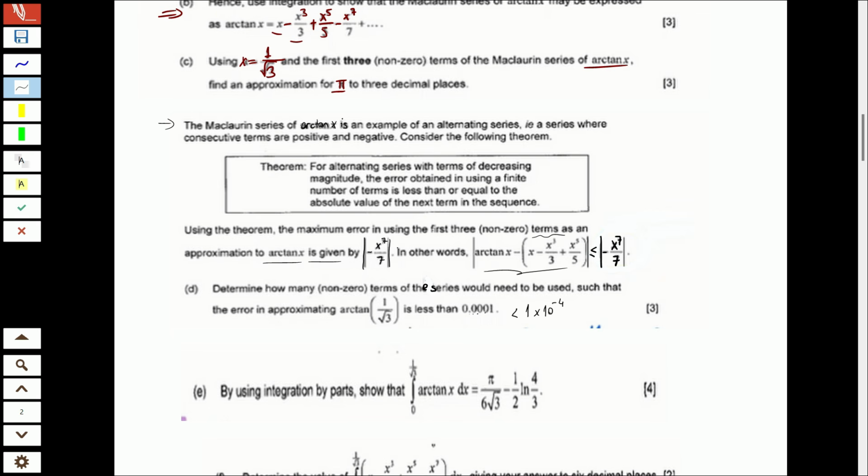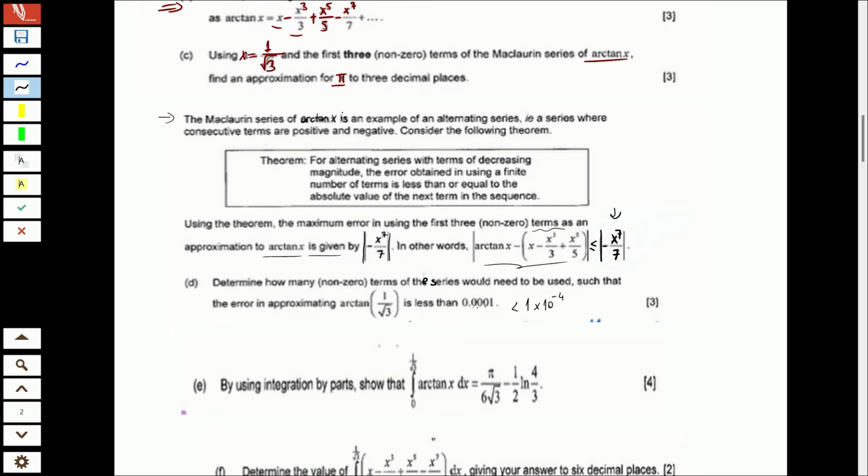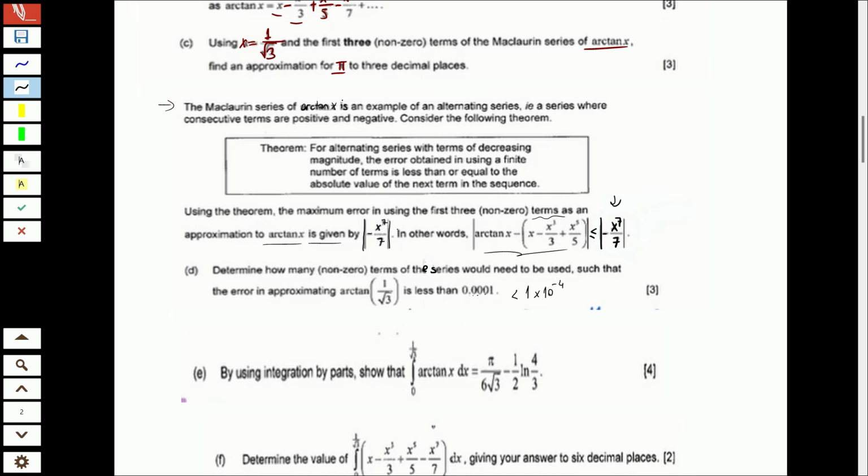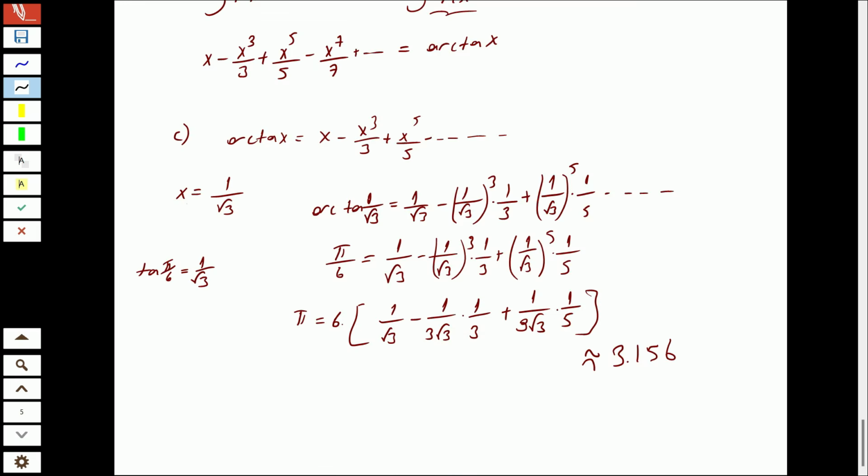Determine how many non-zero terms of the series will need to be used such that the error in approximating arctangent 1 over square root of 3 is less than 0.0001. In other words, 10 to the power of minus 4. Okay, now we're going to check first what the fourth term is when we replace x with 1 over square root of 3.